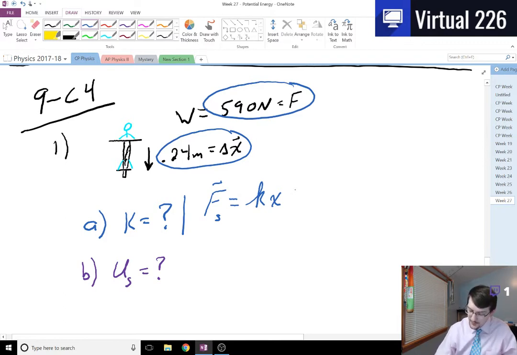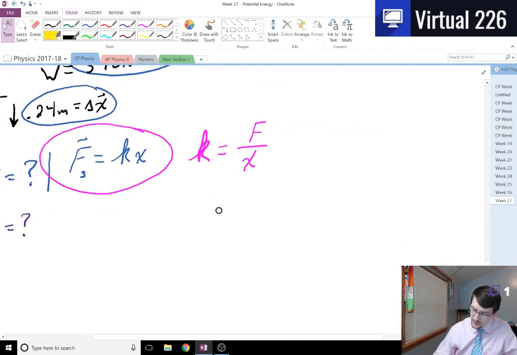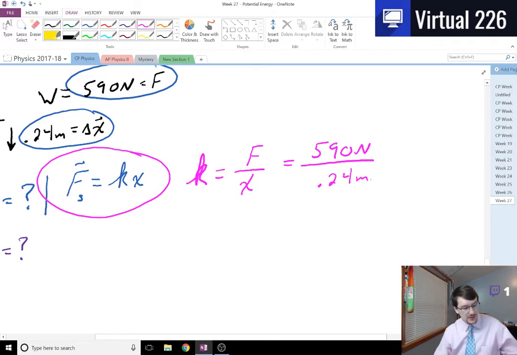If we rearrange that equation and solve for K, we can say that K equals F over X. And if we sub in some values here, we know F is 590 newtons divided by X, which is 0.24 meters.